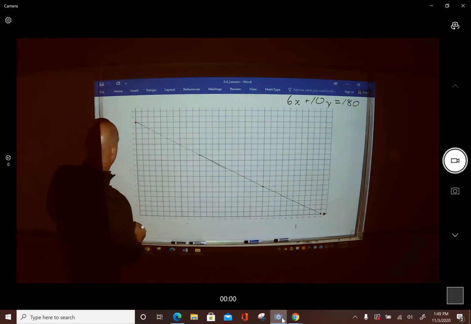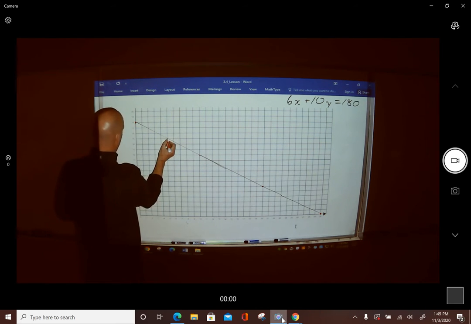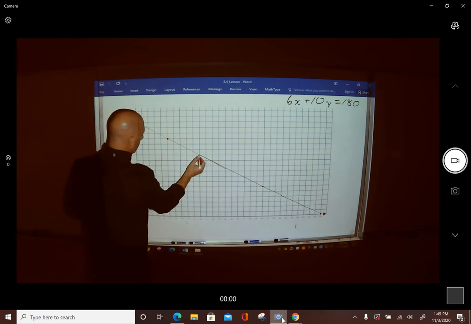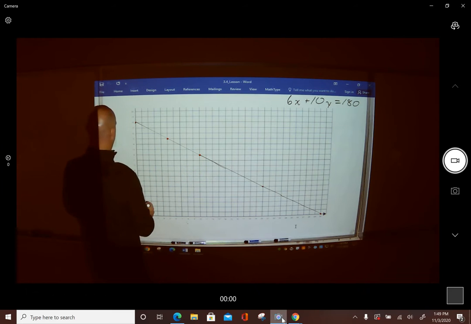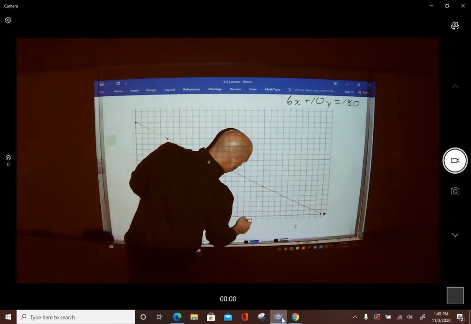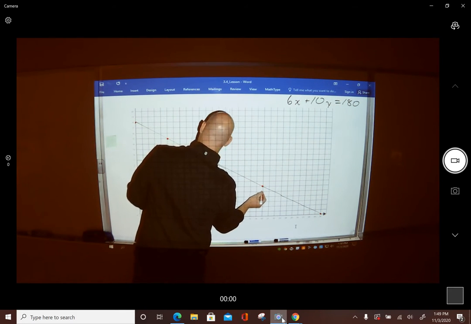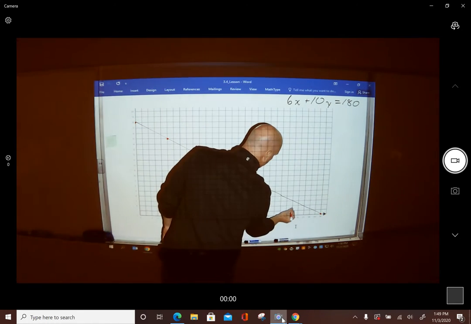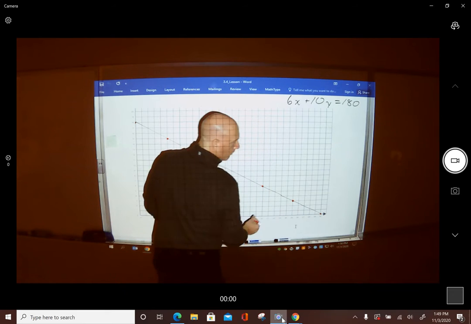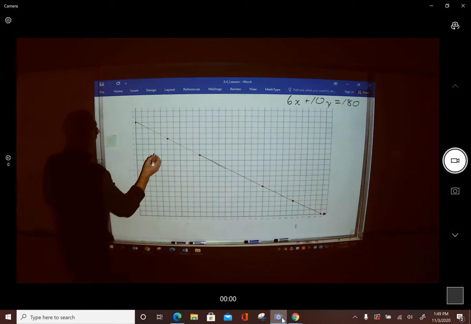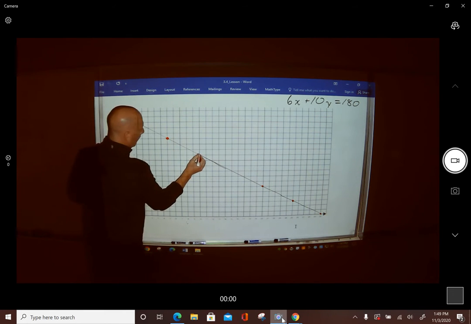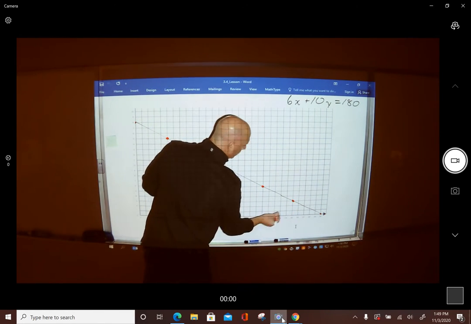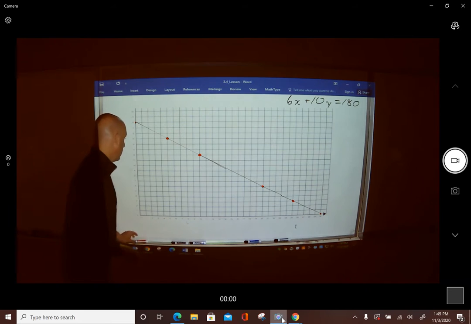So you look, it looks like the first one occurs at (5, 15). Another one occurs at (10, 12). Another one occurs at (20, 6). And then the last one will occur at (25, 3). Okay? So let me try to make these a little bit bigger for you so everybody can see. I'm going to write down their values also.